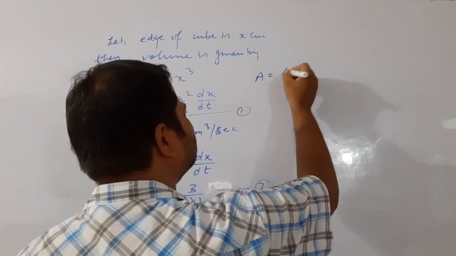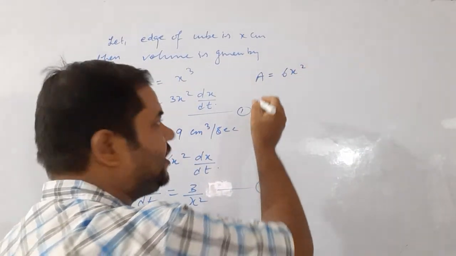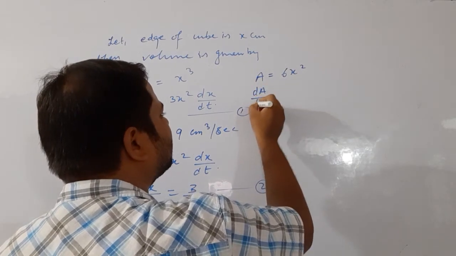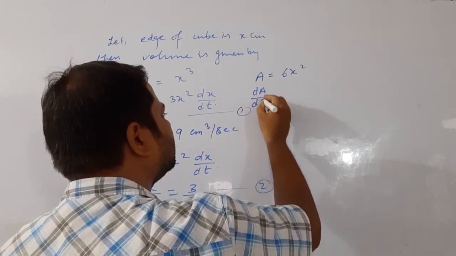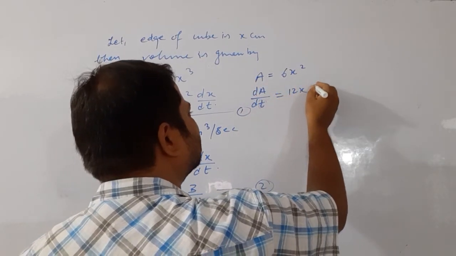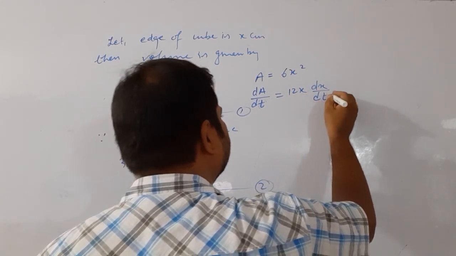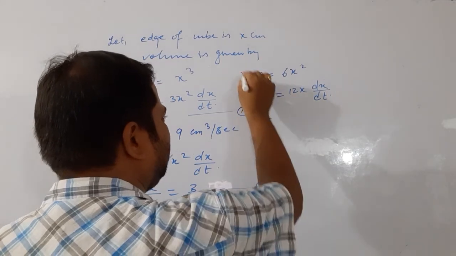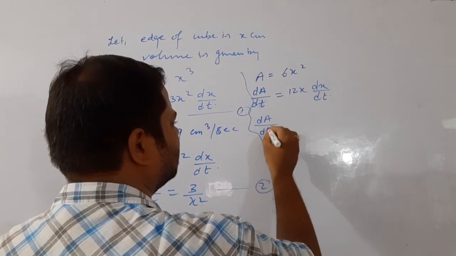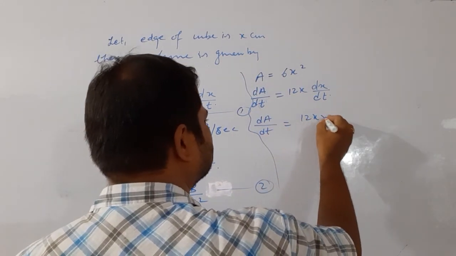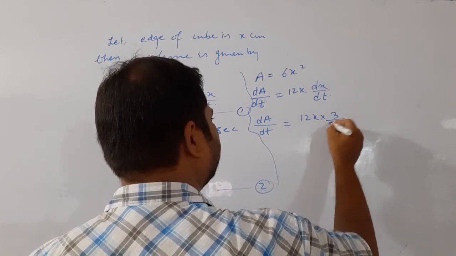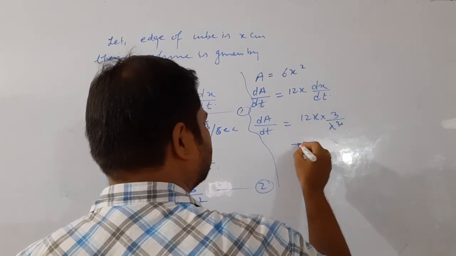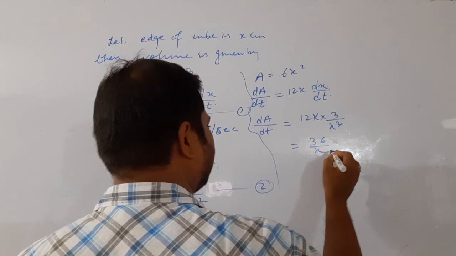So the area is 6x square, then dA upon dt is 12x dx upon dt, and the value of dx upon dt is 3 upon x square. So dA upon dt is 12x into 3 by x square. This cancels out, giving 36 upon x.